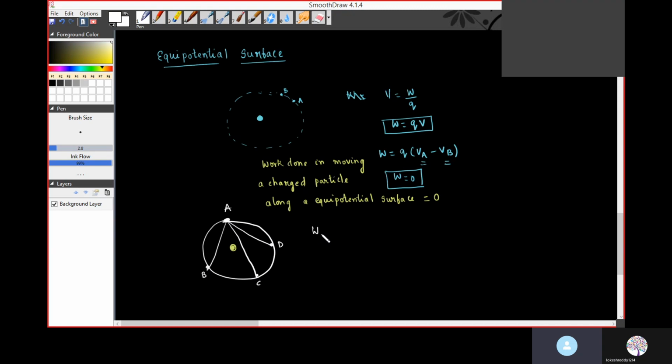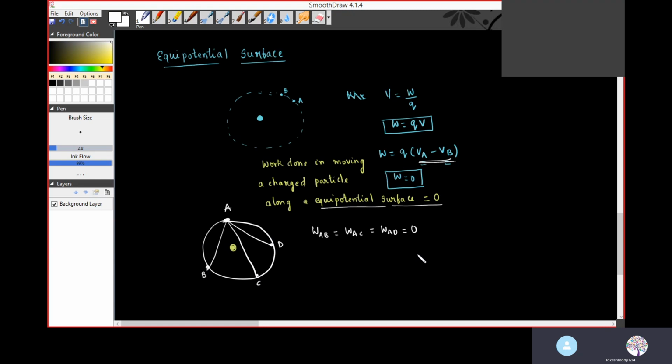Work done is 0. So work done from A to B is equal to work done from A to C is equal to work done from A to D, that is equal to 0. Why is the work done equal to 0? Because when you place a charge it creates an equipotential surface. Work done in moving the charge from one point to another point along the equipotential surface is 0, because the potential difference will be same.